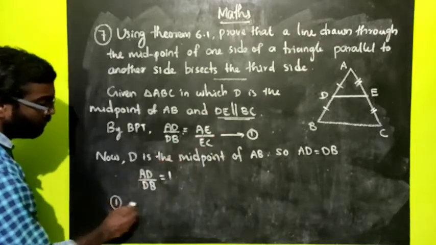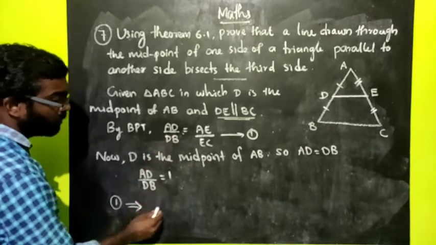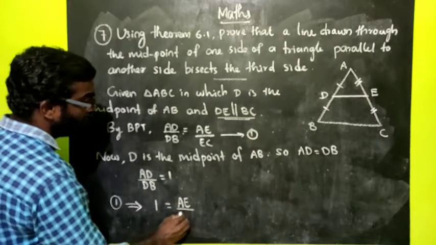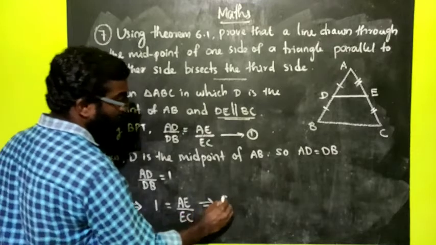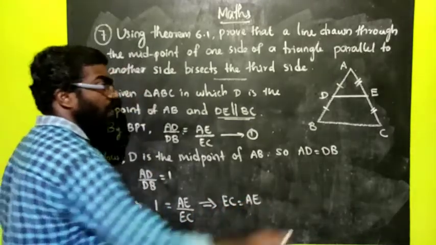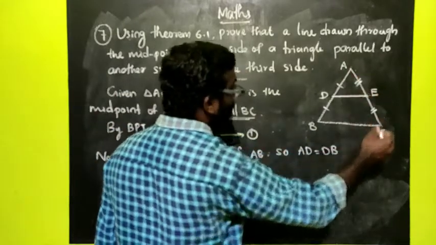So equation 1 implies, in the LHS part AD by DB, the value is 1. So 1 is equal to AE by EC, which implies, cross multiplying, EC is equal to AE. These two measures are equal.